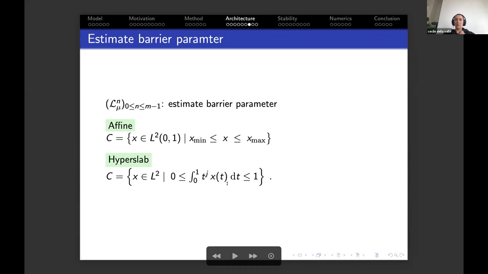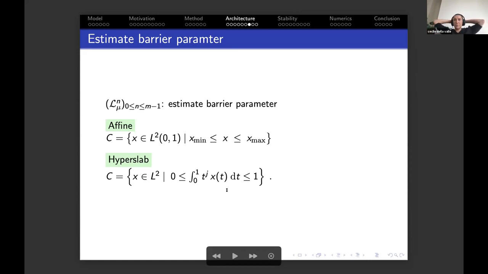For the barrier parameter, I have two types of constraints that I want to apply. First, an affine constraint. For my cluster problem, for example, it would mean that the size of a cluster is bounded with two size limits, or a hyperslab, which is a bit more tricky.